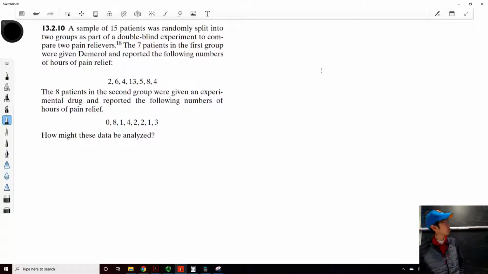So we've got 2 groups, numeric response. Okay. So what do you guys think? Okay, so yes, we have 2 samples and they're independent.